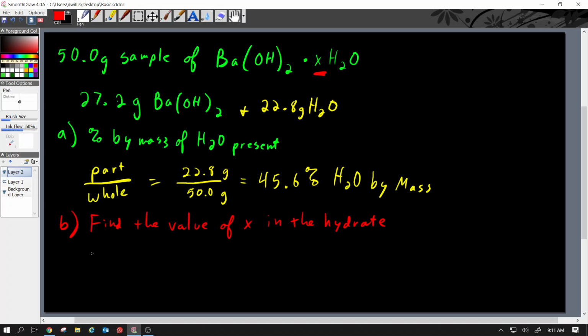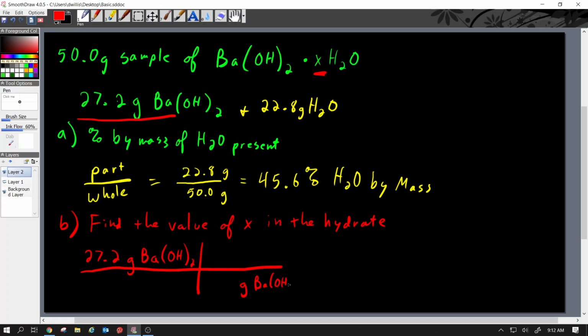Now if I have 27.2 grams of barium hydroxide I need to convert that into moles. So I need to know the molar mass of barium hydroxide. In other words, how many grams of barium hydroxide make up 1 mole of barium hydroxide.